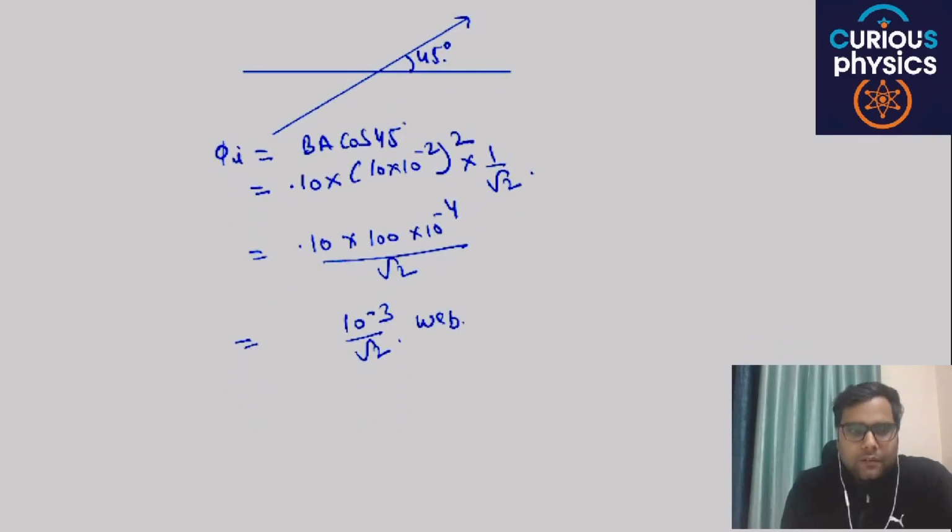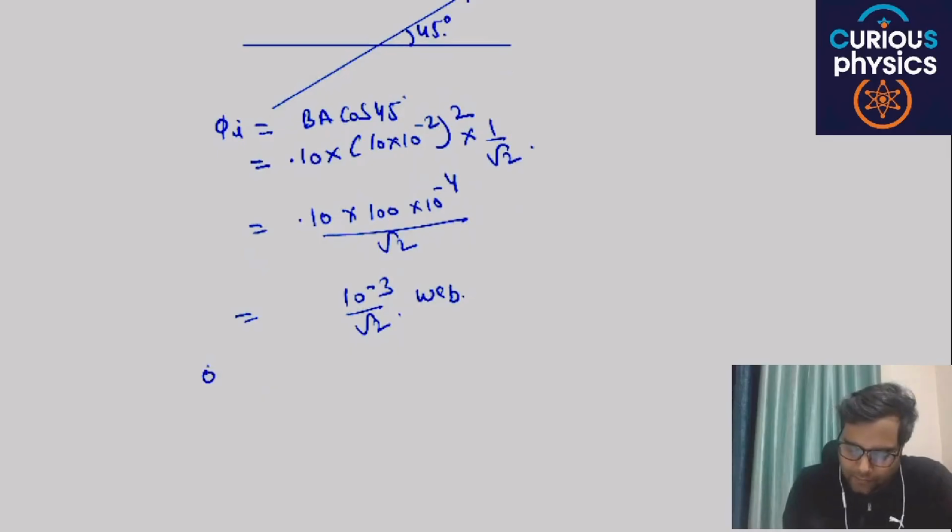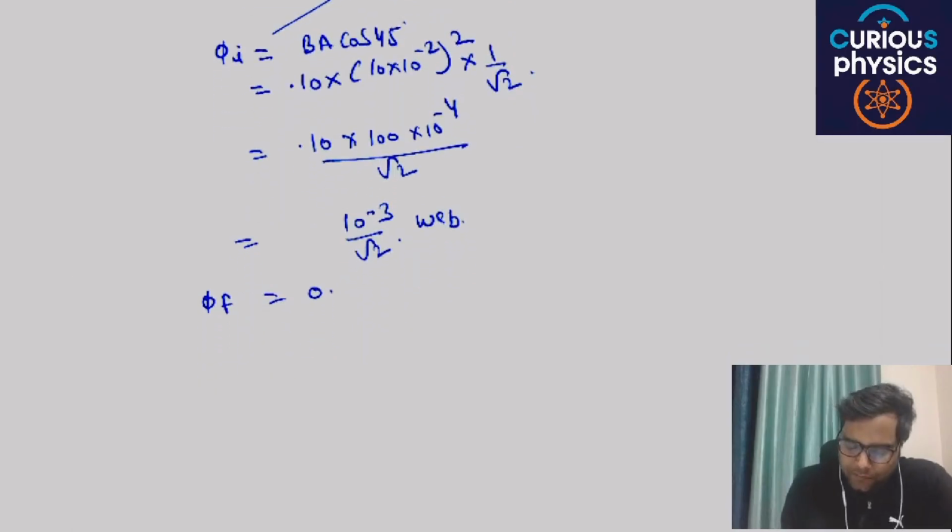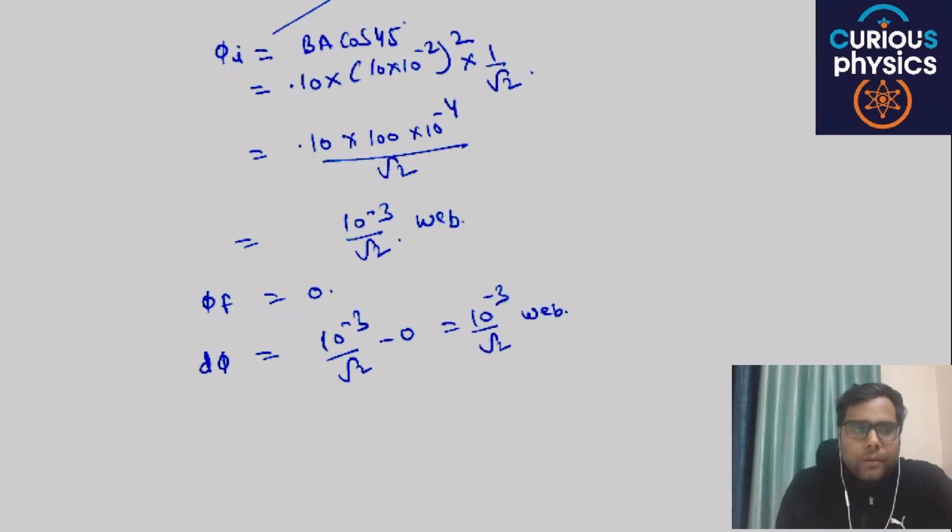Then the final magnetic flux is 0. Then the change in magnetic flux is initial minus final, which is 10 raised to power minus 3 divided by root 2 Weber minus 0. Are you able to get my point?